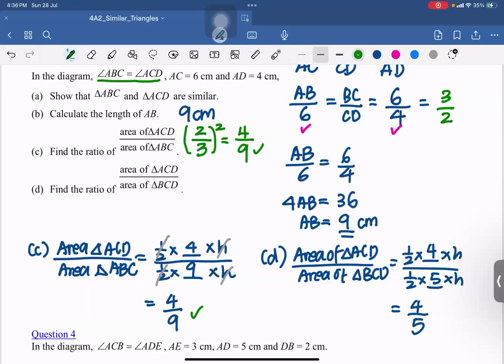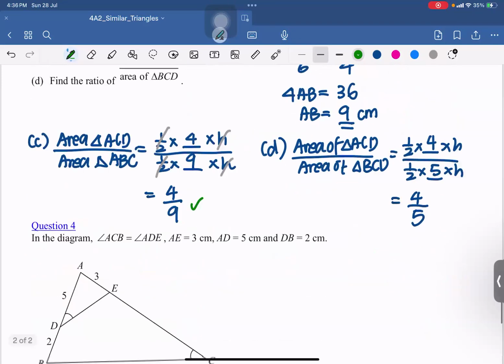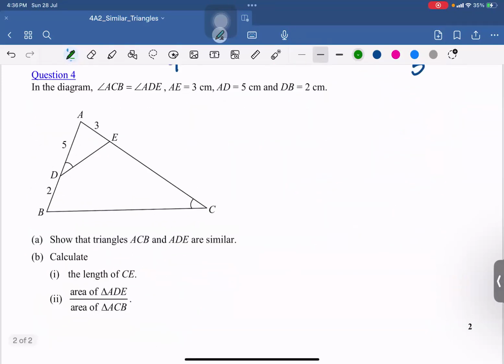All right. Okay, if you've gotten the answer, let us do the last question for this part of the video, for this lesson. Question number 4. Inside this diagram, it's given to you that angle ACB over here is equal to angle ADE. So they want us to show that the two triangles are similar.